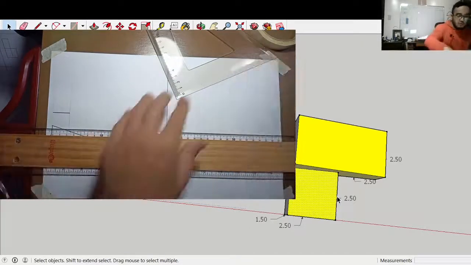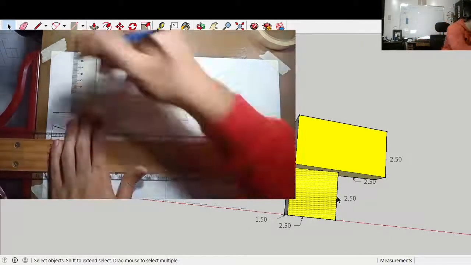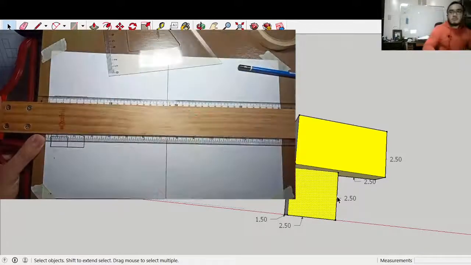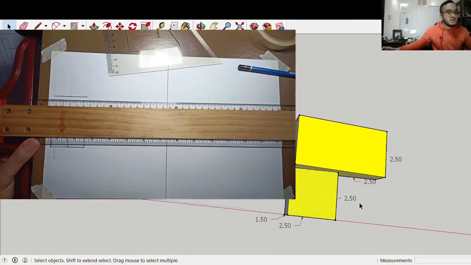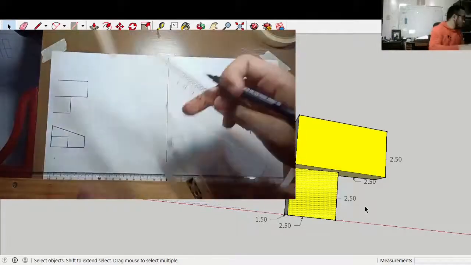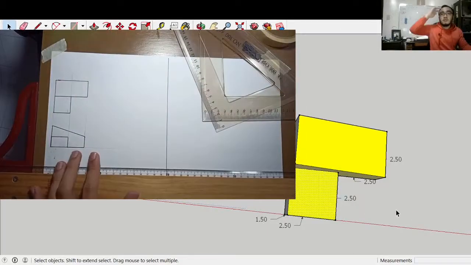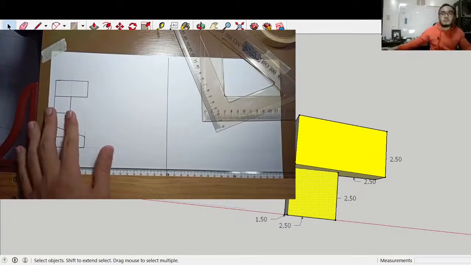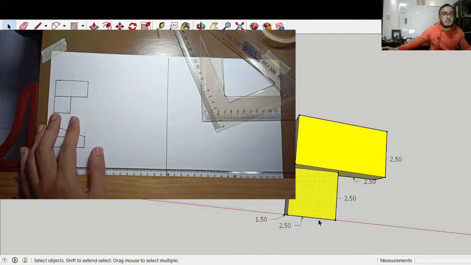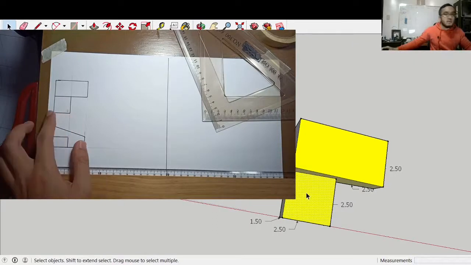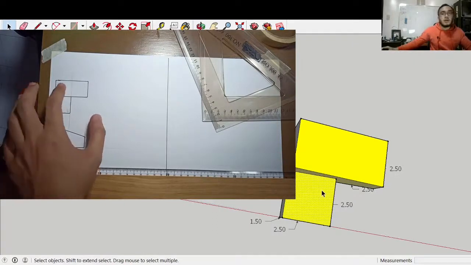So, we would be measuring 2.5 meters from there. Then another 2.5 meters pataas. So that would be your top view. So if you could see that nakakita lang tayo ng isang square dito and another rectangle here.